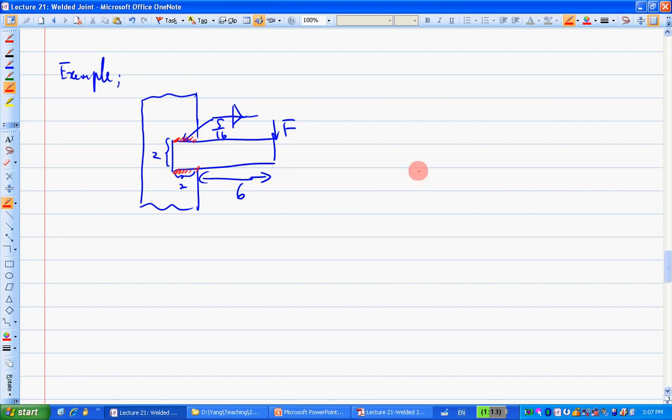So in other words, you can draw 2 lines like this to indicate this weld group like this. And as in an example we showed, for this centroid, the critical will be right this location at here. Okay, will be this location.